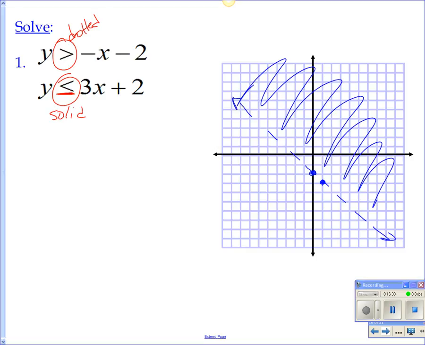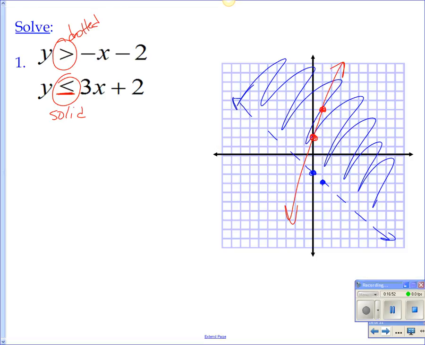All right, the next one, Kinley, how do you graph the next one? Okay. Solid or dotted? All right, Kinley, is that a less than or a greater than?